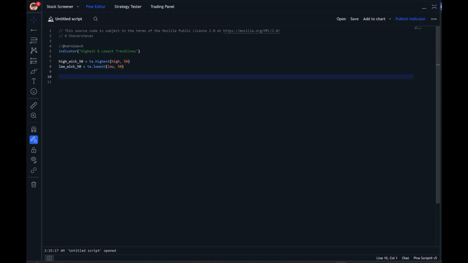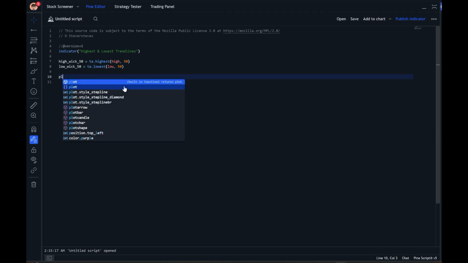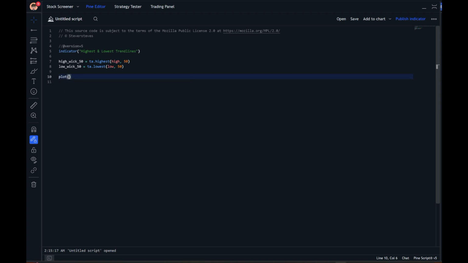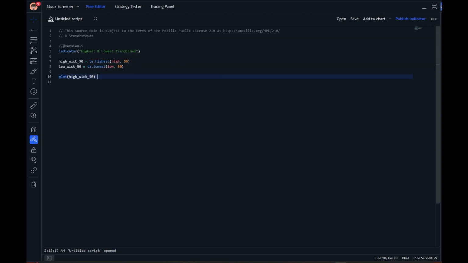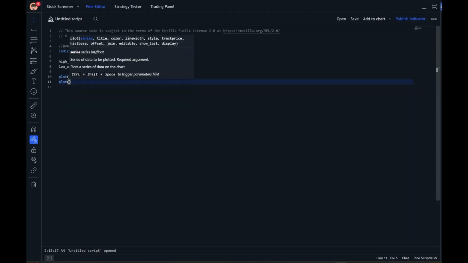So now, the general way to plot this is just to use plot high wick 50 and plot low wick 50.